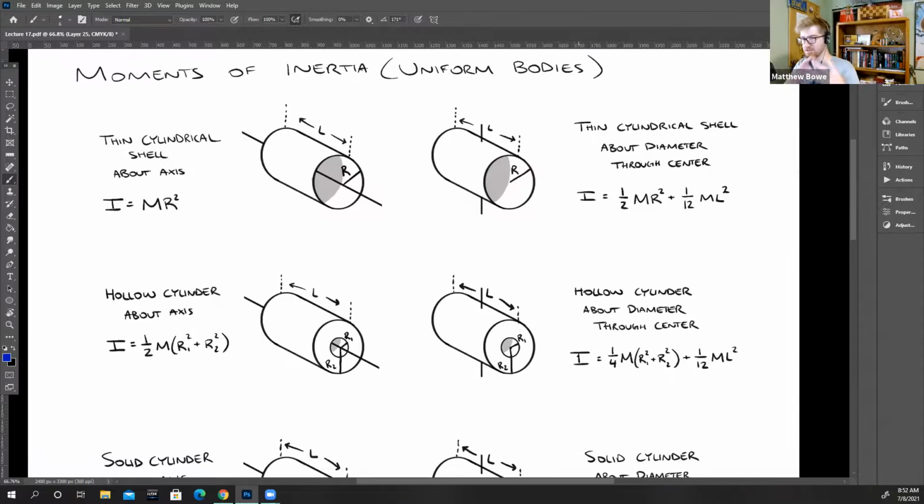If you have any sort of width to this cylinder edge, you're going to have to use something like this. You're going to have to consider both of the radii, from the center to one edge, the center to the outer edge.